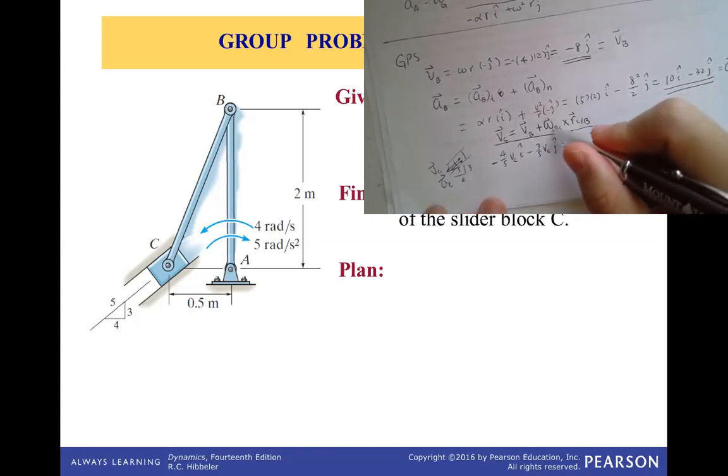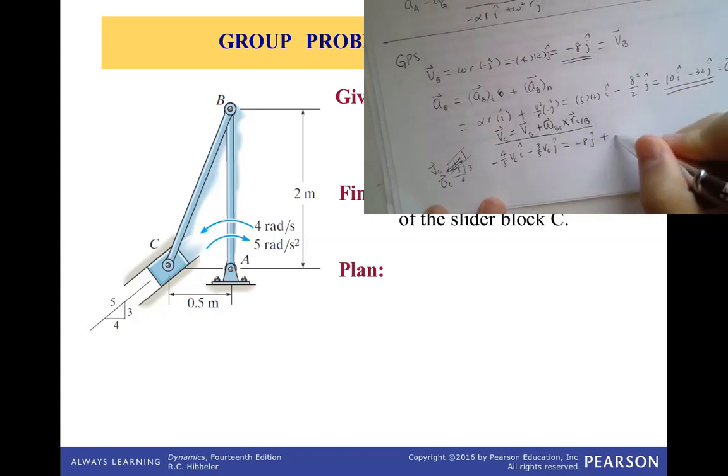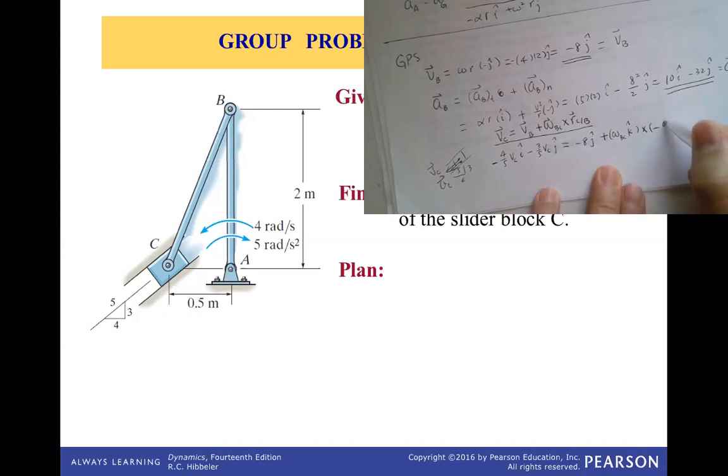We are just assuming this is in the counterclockwise direction, so the vector direction should be in the positive k direction, cross R of C with respect to B. Is this given? Yes, I think it's given. So it's minus 0.5 in the I direction, minus 2J.